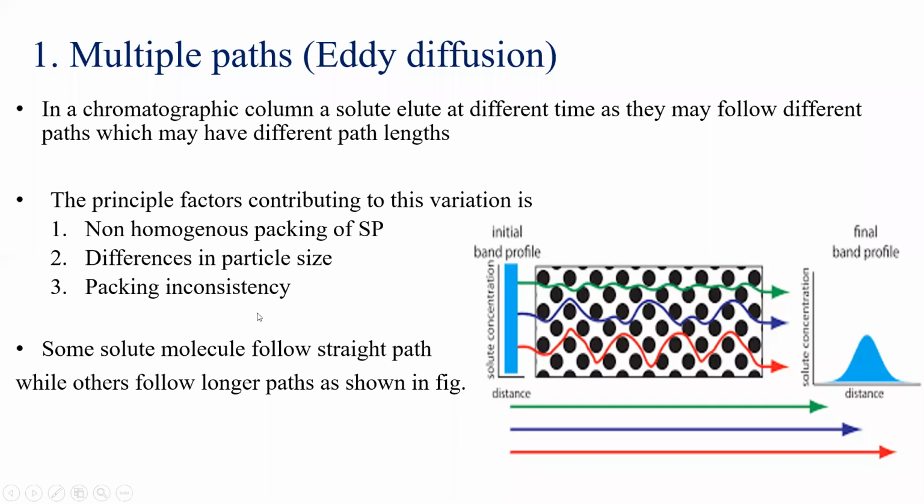And the third one is the packing inconsistency. Here we can see the solute eluting along with the mobile phase in different paths. This solute follows a straight path, hence it requires less time to reach the detector, whereas this solute takes a longer path, hence reaches the detector in a longer time.